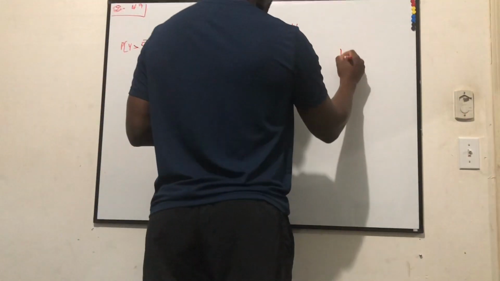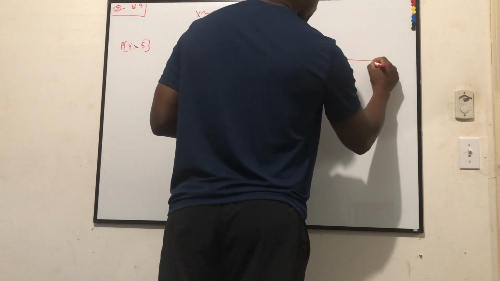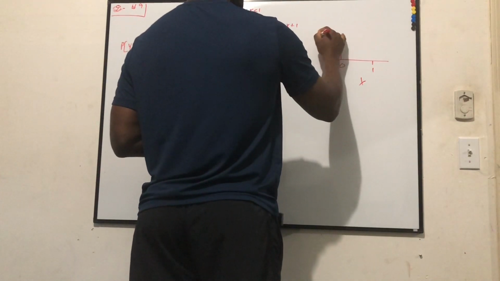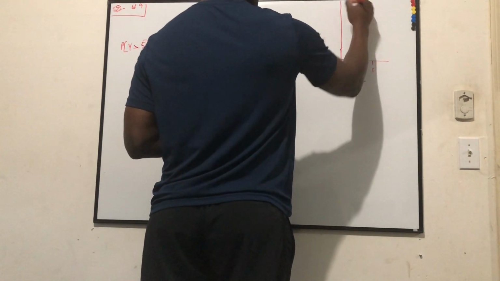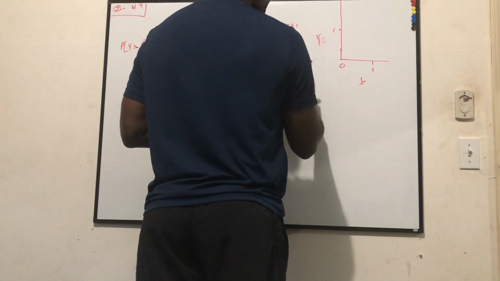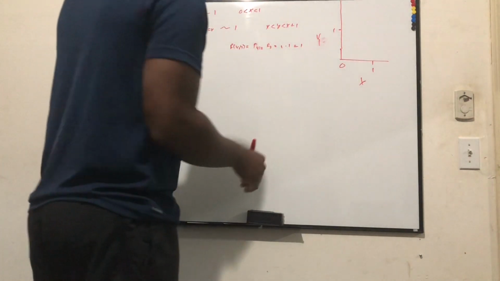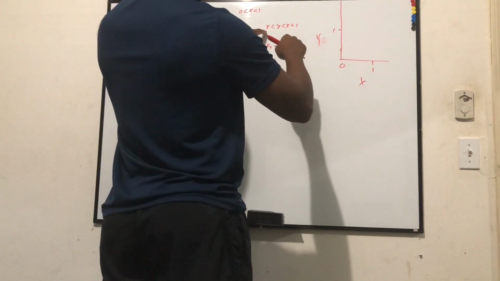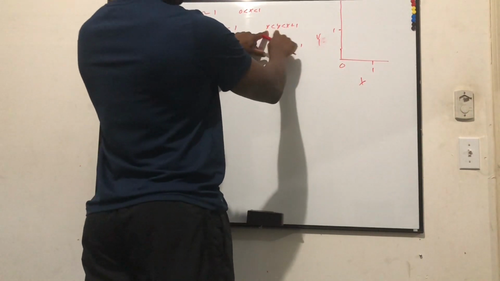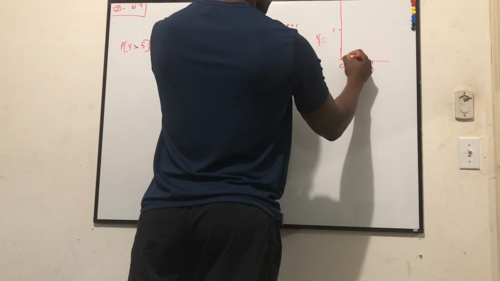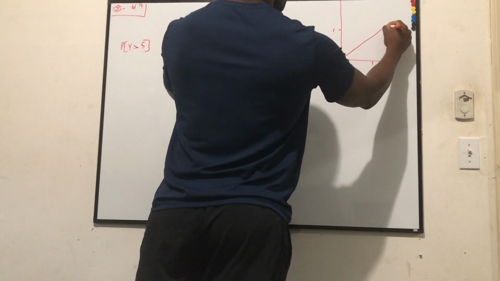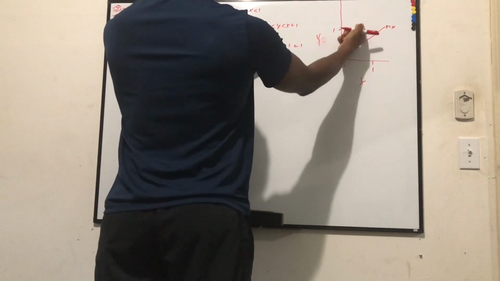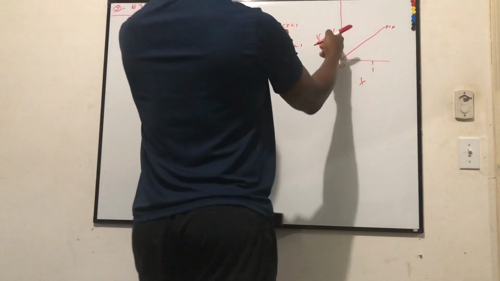Okay, so x lies between 0 and 1, and y is 1 and beyond. If x and y are equal to each other, they lie on this line. We know that y is above this line, but it's less than this line.